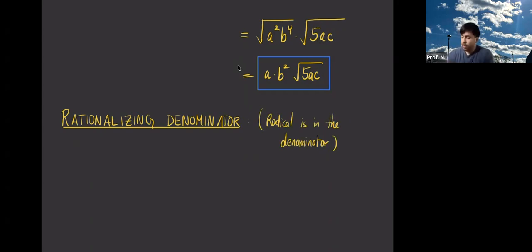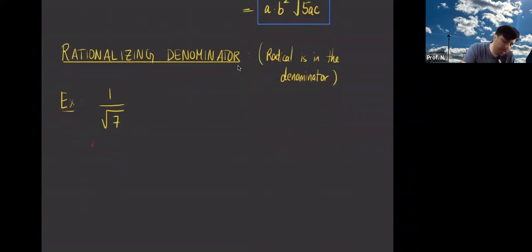So as an example, let's say I get 1 over rad 7. So what do I notice? Radical in denominator. I don't want a radical in my denominator. I want to rationalize it. So what does that entail?